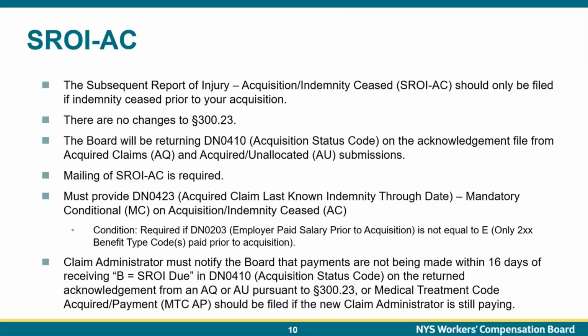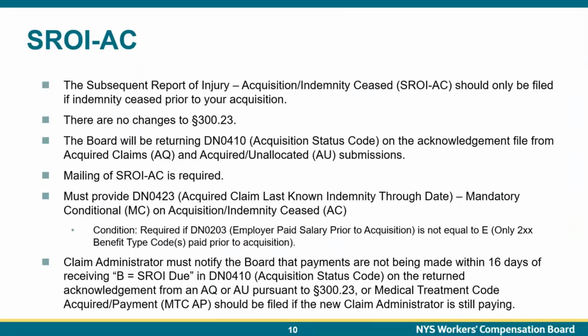And the measure you can use for whether you're exempt from that is if you do not file Schroy AQs or AUs today, then you're not filing the Schroy acquired payment today, and you would not file the Schroy AC in 3.1. There are no changes in 323 to support the Schroy AC. All of our existing regulations cover this scenario.